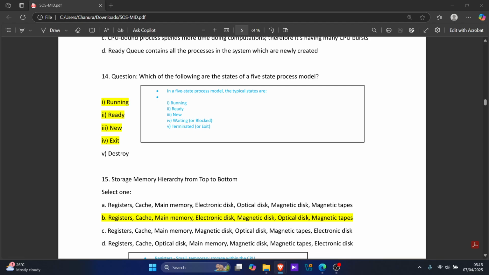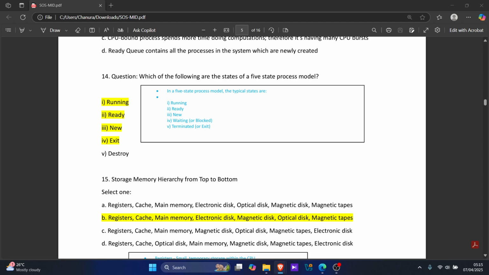Wait, the question is asking which of the listed options are the states of a 5-state process model. The options provided are running, ready, new, exit, destroy. So if the standard 5 states are new, ready, running, blocked, exit, then among the options given, blocked is missing, and instead, destroy is present.